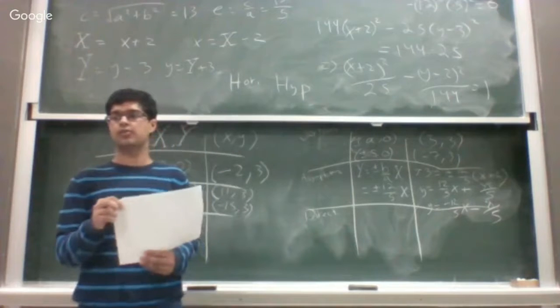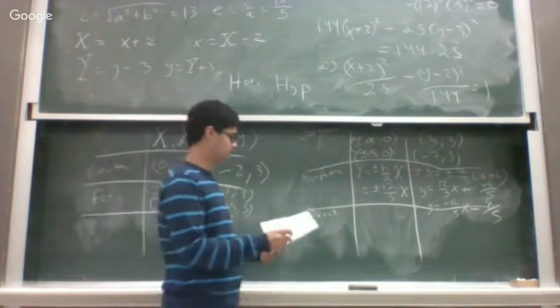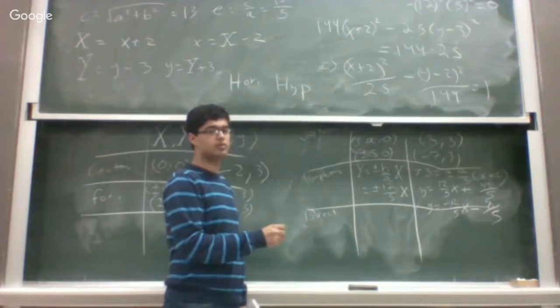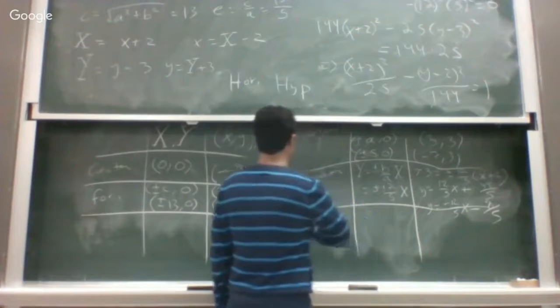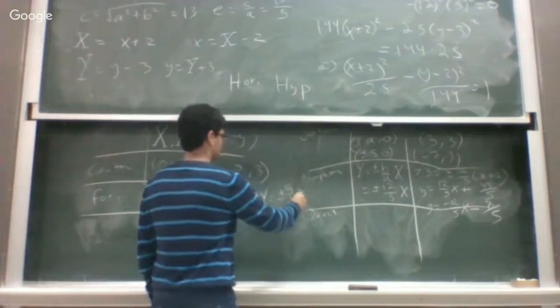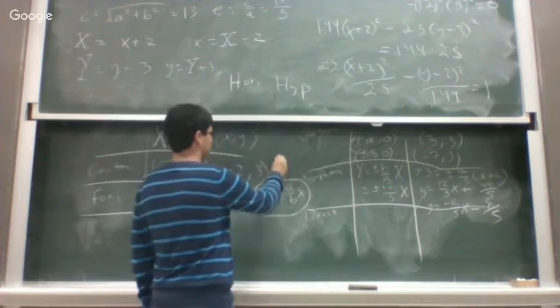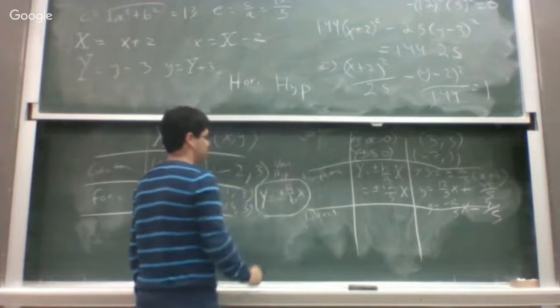Do you guys want to read it out? Is it just, for the other aspect, you switch the A and B? Yeah. So you guys are saying that? Okay. So that's the formula for vertical hyperbolic asymptotes.